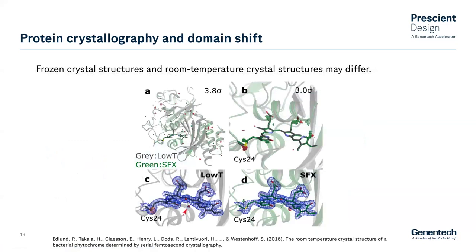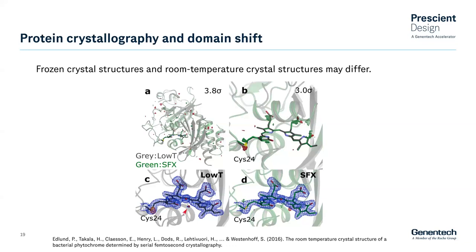There's a super interesting work on room temperature crystallography, which I didn't even know you could do, that essentially showed exactly some of the differences that you see between frozen structures and room temperature ones. Usually we don't have a frozen crystal structure.